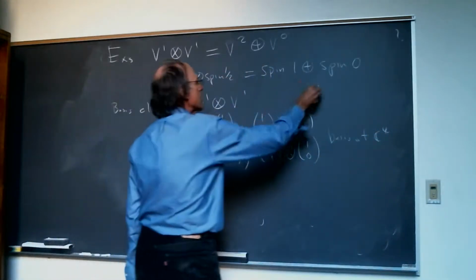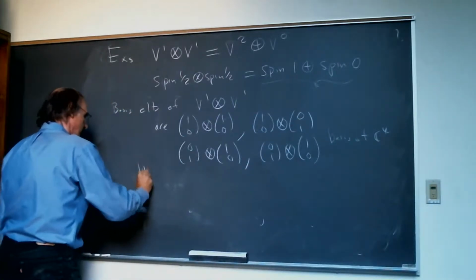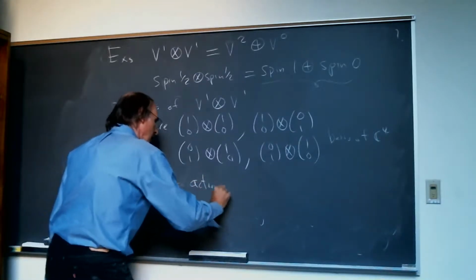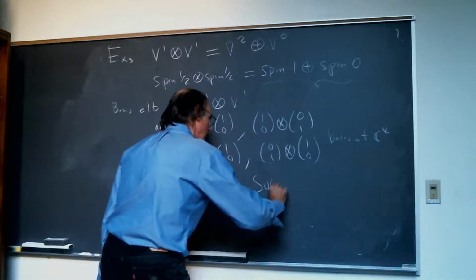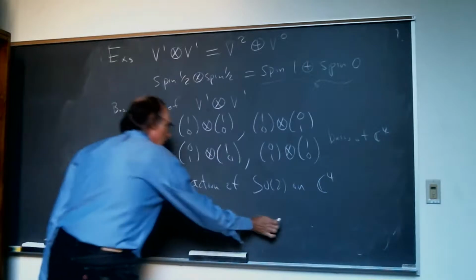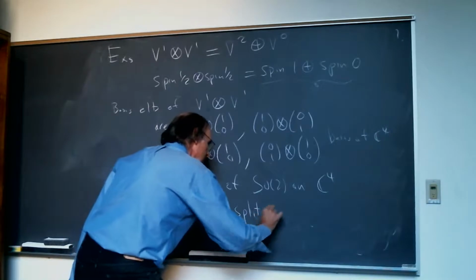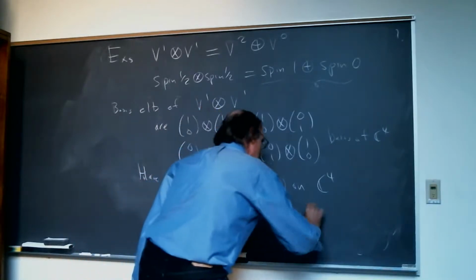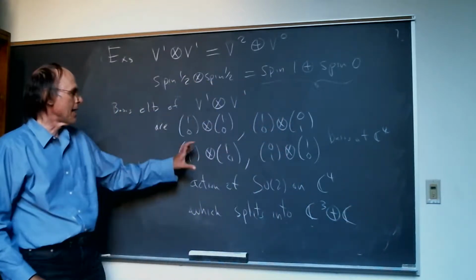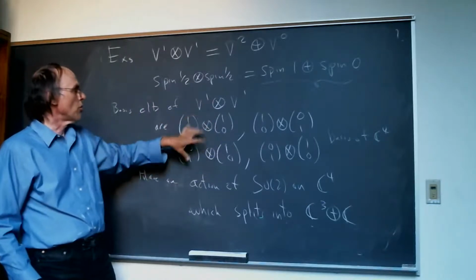What this tells you is that you have an action of SU2 on the C4, which splits into a C3 plus a C. I think I worked this out in the book, and it's an interesting exercise.